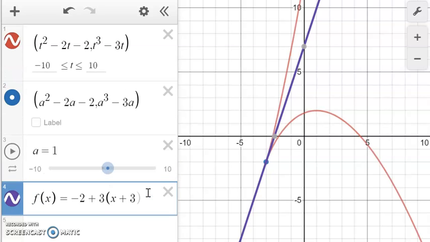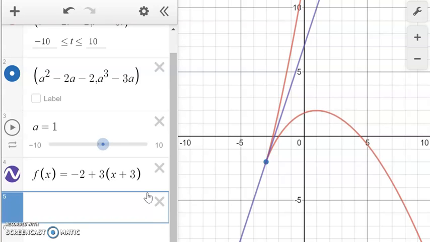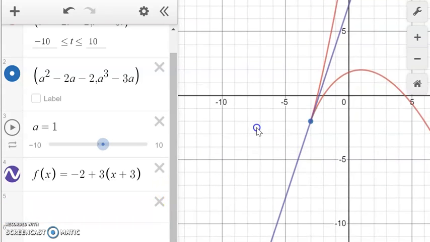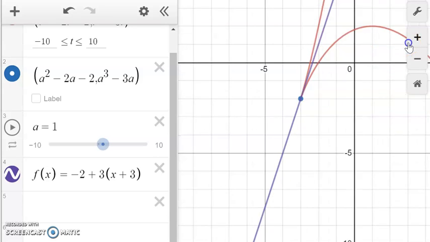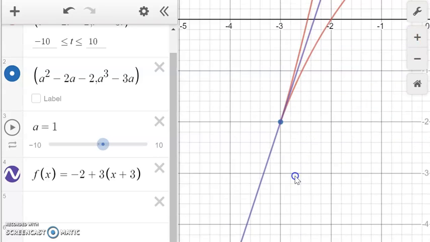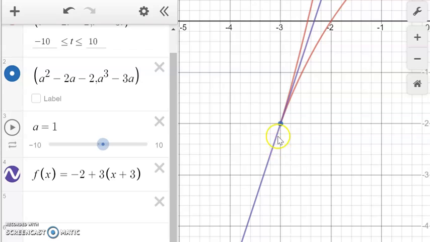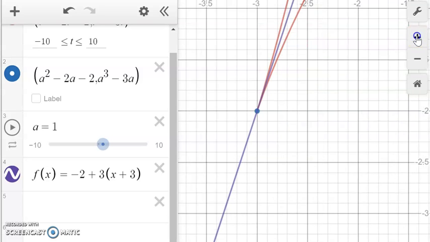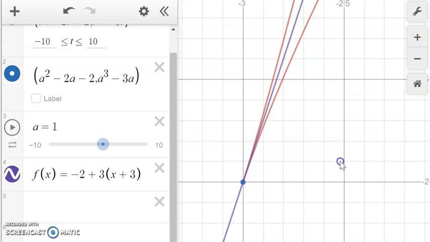There we go. So now we can see that that purple line sure does seem like it's a local linear approximation, at least on one side of that point. In fact, I can't resist the urge to zoom in on this and see what it looks like. Of course, our purple line continues on for x values less than negative 3, but our original curve doesn't seem to go past that negative 3 mark.